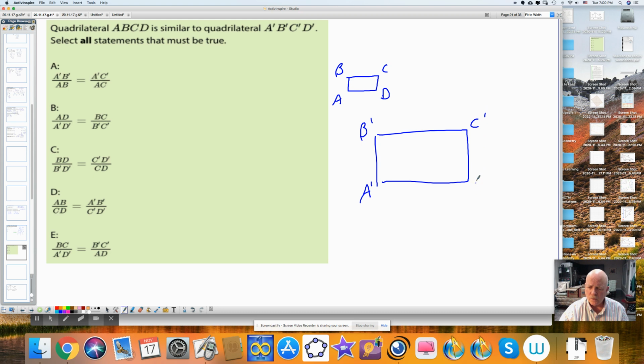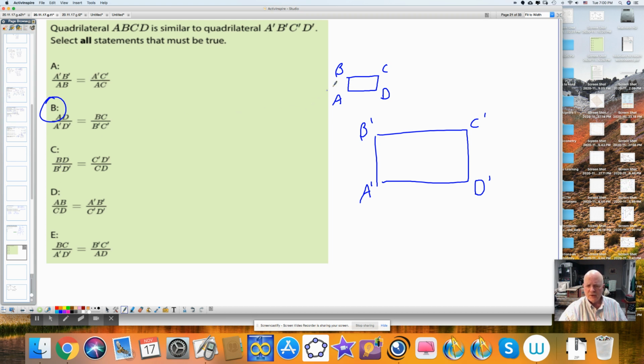Now, when we talk about similarity, you can go from the small to the large, and that's what we're doing here. We're going from AD is to A prime D prime, as BC is to B prime C prime. So this is valid.